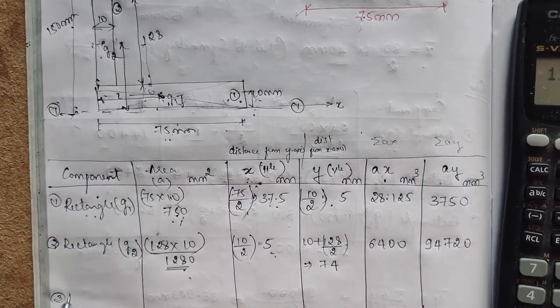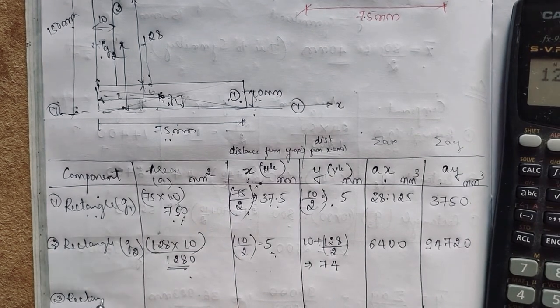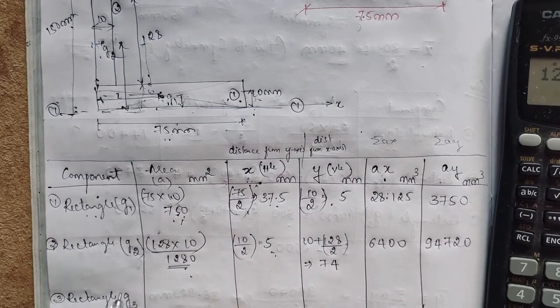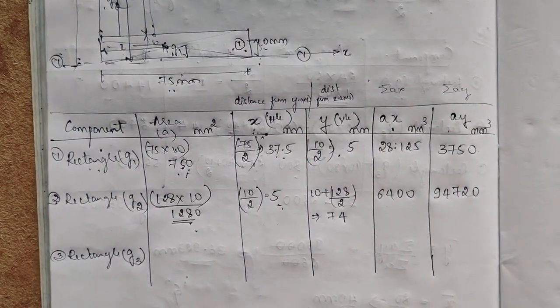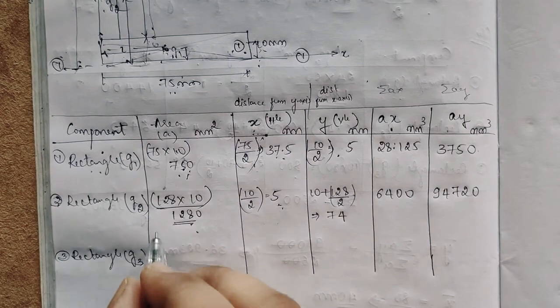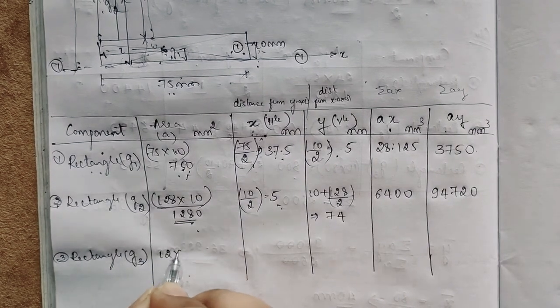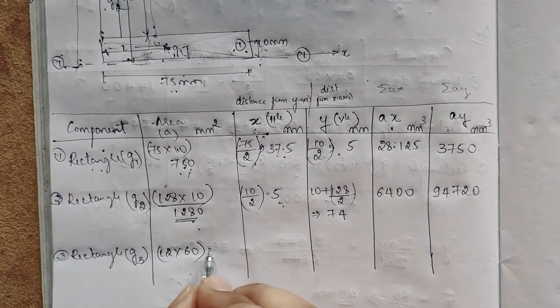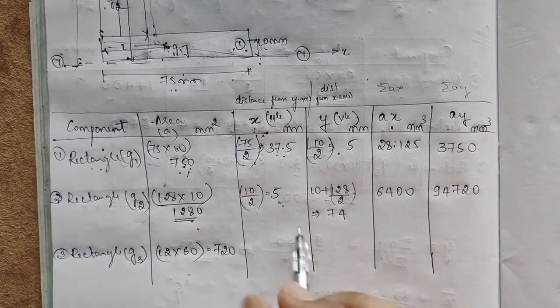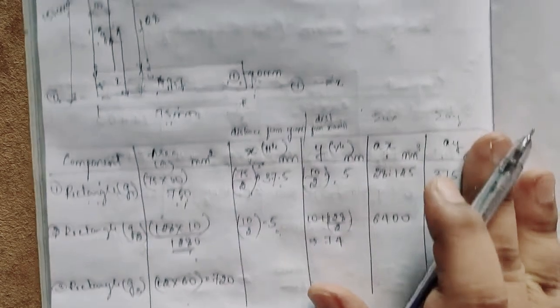Next, the third rectangle, that is the value of G3 from the x coordinate and y coordinate. What is the area? The area is 12 into 60, so it will be 720. Next, the distance of x.